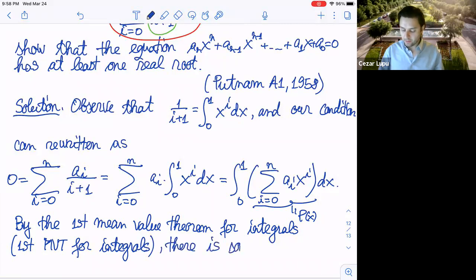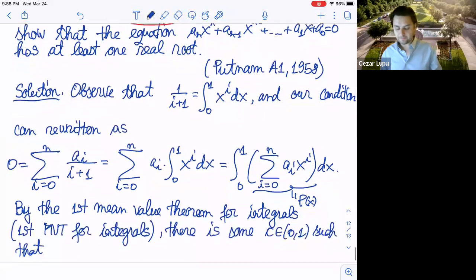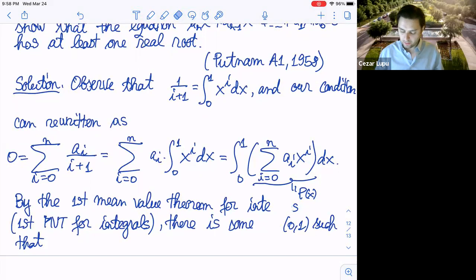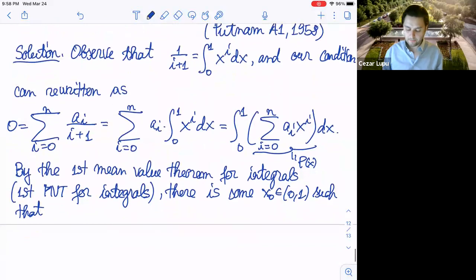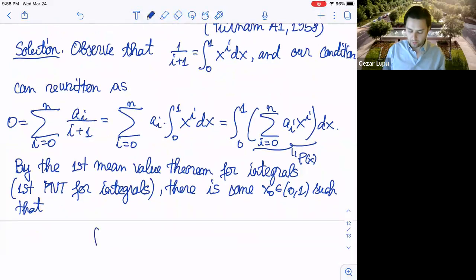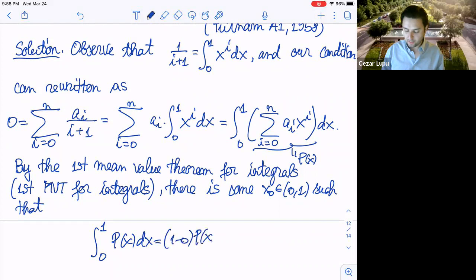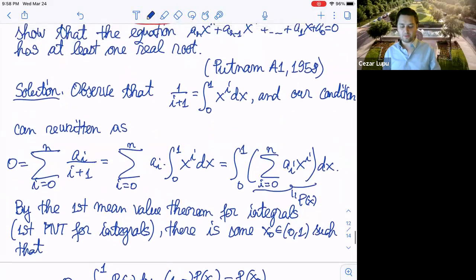There is some x naught in [0, 1] such that the integral from 0 to 1 of p of x dx is nothing else than just 1 minus 0 times p of x naught. But this guy is 0, and the right side is nothing else than p of x naught, which is exactly what we wanted to prove, right?